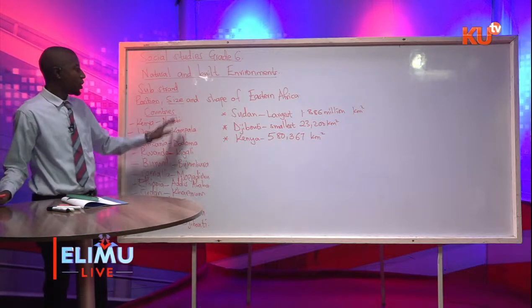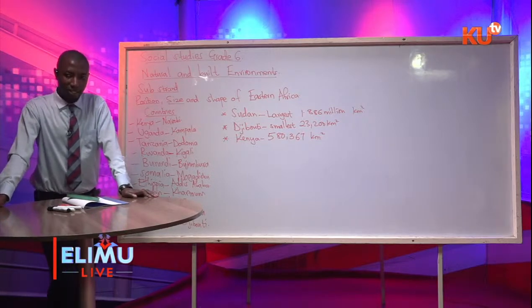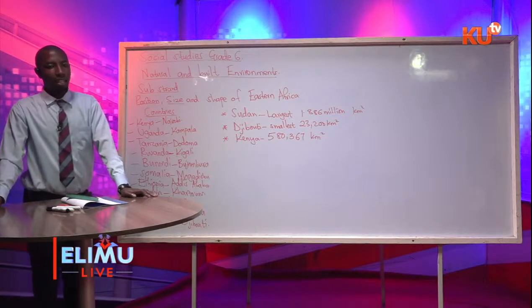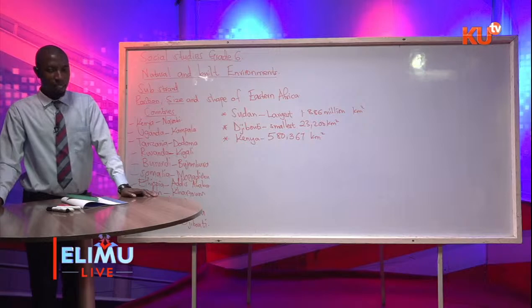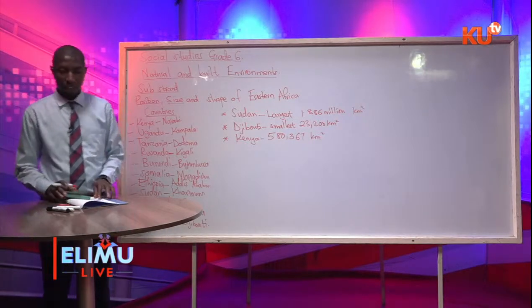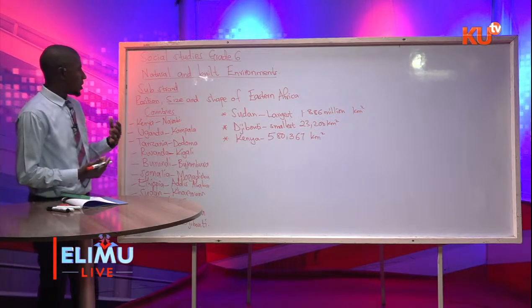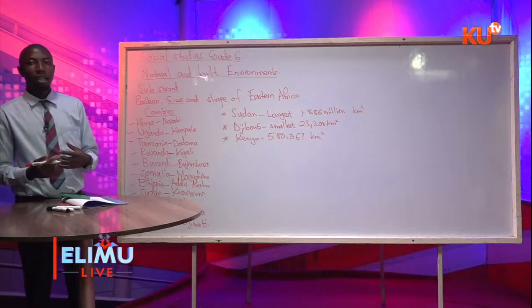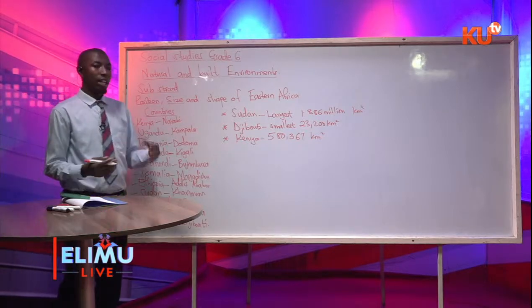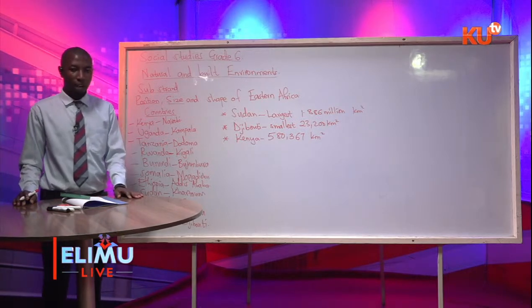EAC doesn't have all these countries as members. It even has countries that are outside the region as members. And it's open, some from Central Africa. Now, where is then the Eastern African region located position-wise in relation to the world, and where are these countries found?